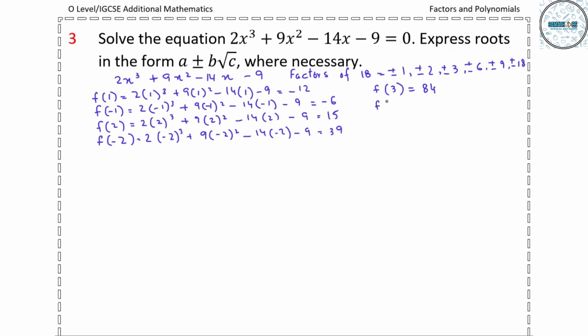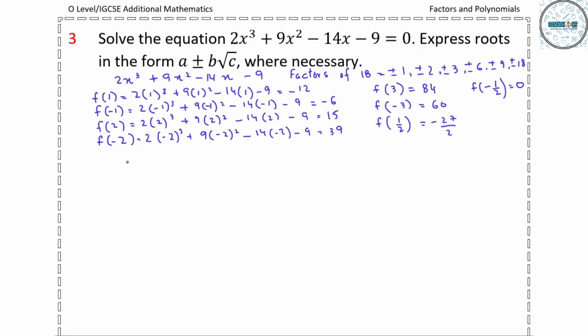When you substitute x as minus 3, you will get 60. So we have substituted 1, minus 1, 2, minus 2, 3, and minus 3. Before moving on to the next value, that is 6, we can check it with 1 upon 2 and minus 1 upon 2 as well, because 1 upon 2 is also a factor of 18. When you substitute 1 upon 2, you will get minus 27 over 2. Then we will check with minus 1 upon 2. It's giving the result as 0.